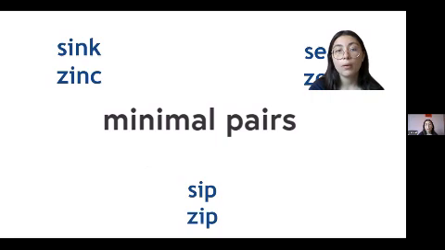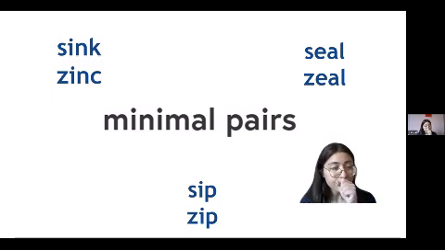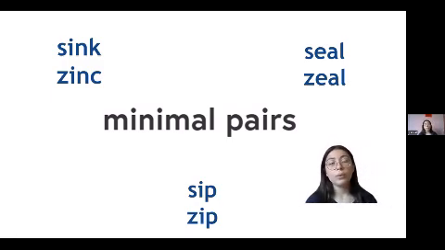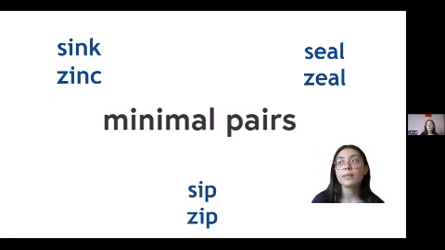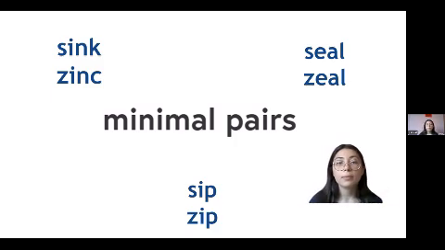And now we're going to look at some minimal pairs with S and Z. These two can be misinterpreted, like non-native speakers can pronounce them wrong, like sink, zinc, seal, zeal, sip, zip.